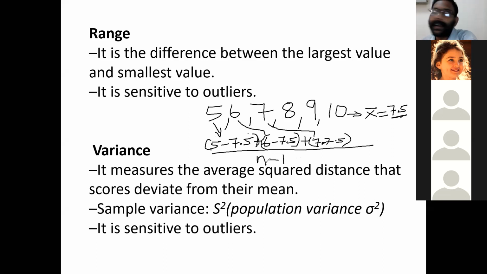You can recall what this n is: the sample size, or the sample number, minus 1, right? Plus, you can complete the rest. Now, what about this value? I will put this also: 8 minus 7.5.